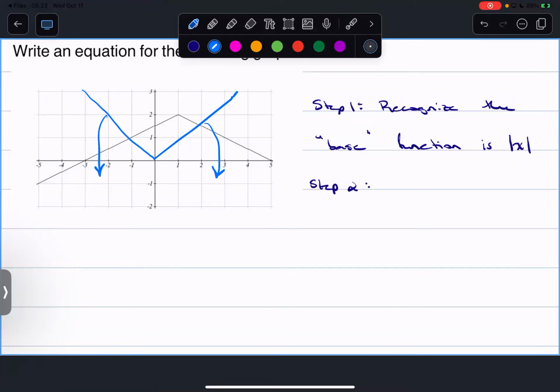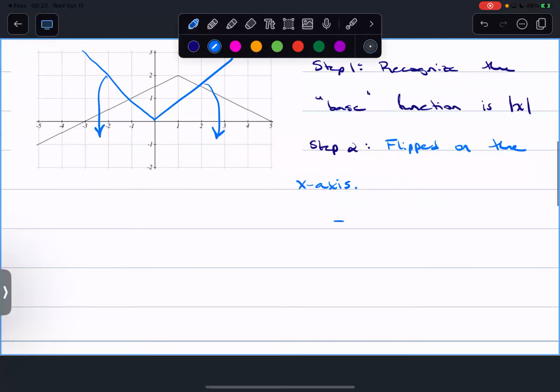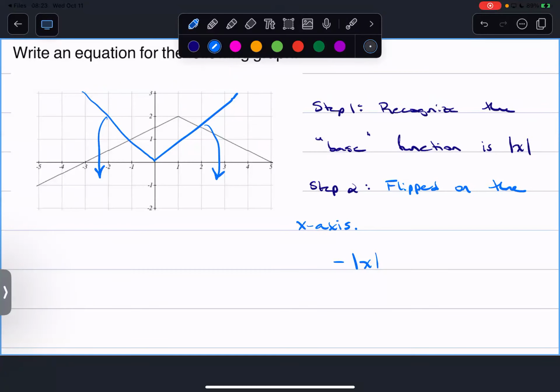So I flipped it on the x-axis, which puts me at negative absolute value of x. Okay. So now we're flipped. So now it looks like this.